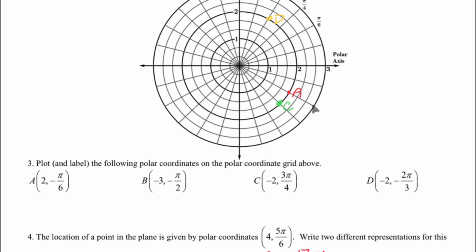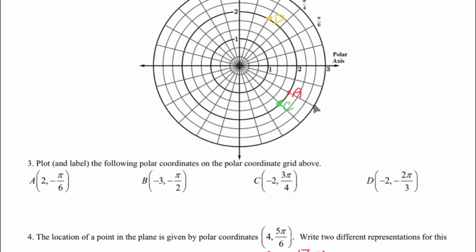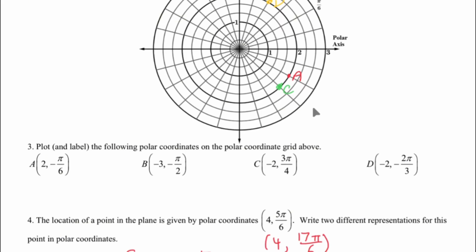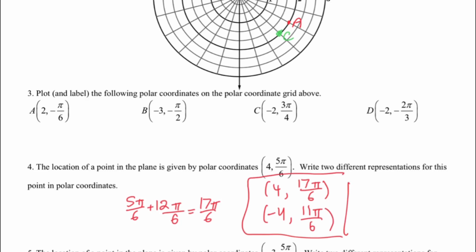Whatever I'm about to do, I want it to be here, because the -4 is going to make it reflect to here, because we want it to end up here. So it's the same thing as here. You could say that's negative pi over 6 or 11 pi over 6. So that's actually 2 more ways to write it.